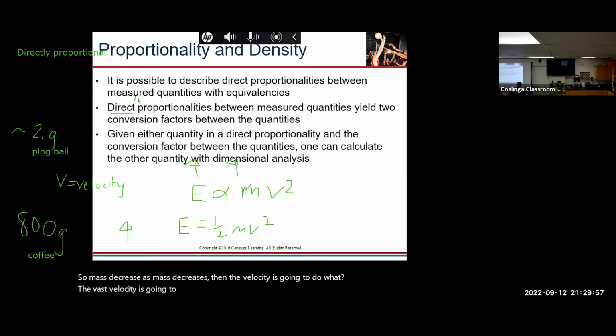So in this case, mass and velocity are going to be inversely proportional. As mass increases, velocity is going to decrease. As velocity increases, mass is going to decrease. Does that make sense? They're going in opposite directions of each other.